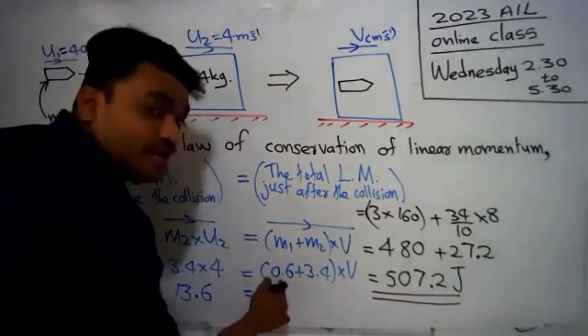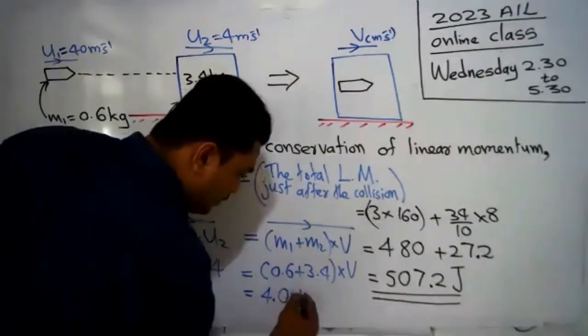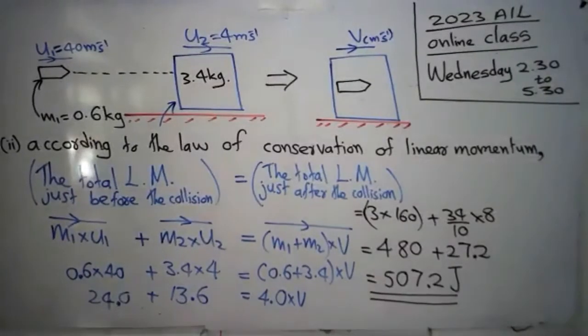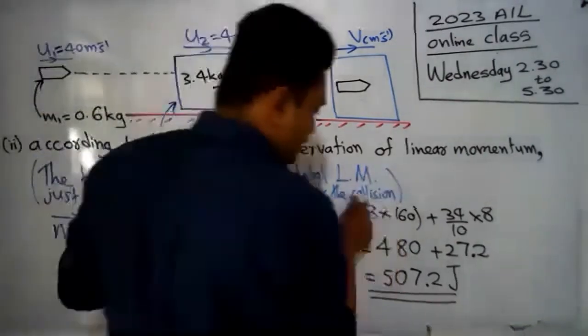Here, 0.6 plus 3.4 is 4.0. So we should add 24 and 13.6. Then we will get 37.6. I'll erase and write it here.